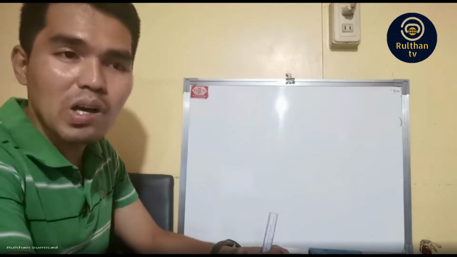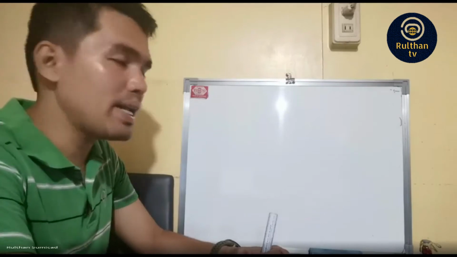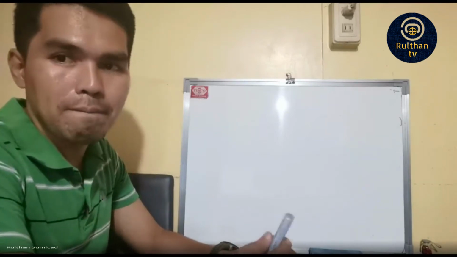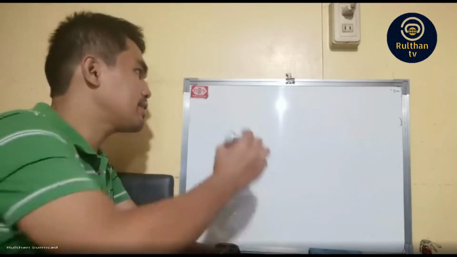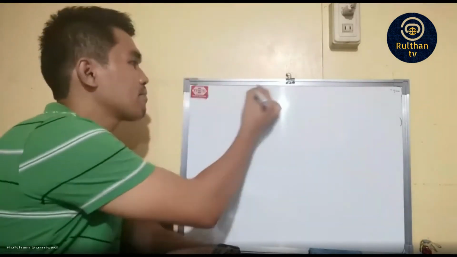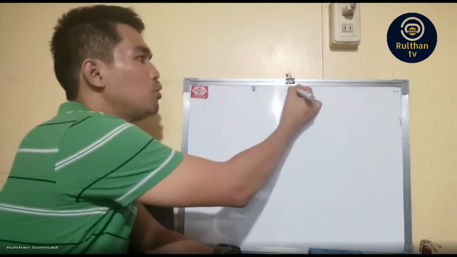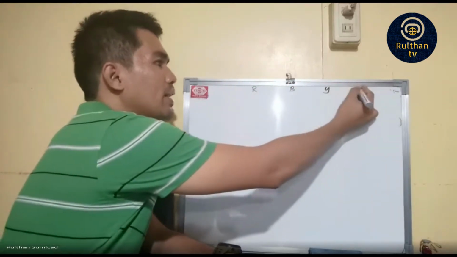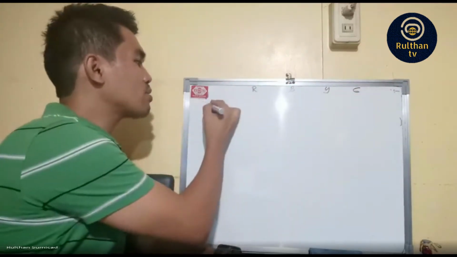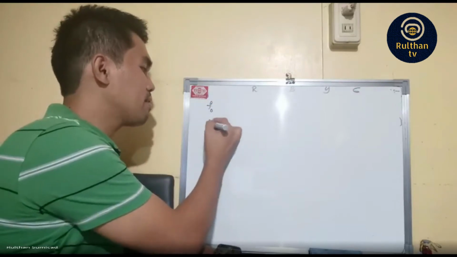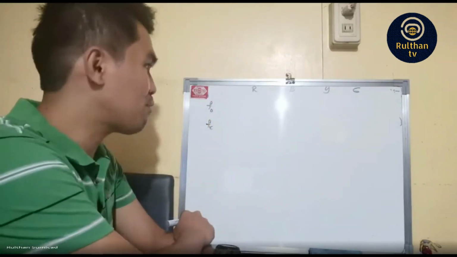So this is color preference for the toddlers. The recording is like this. Okay, there are four colors. We have red, blue, yellow, and green. And then we have the actual observation, and then we have the expected frequency.